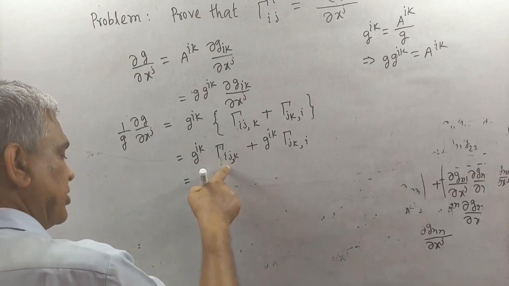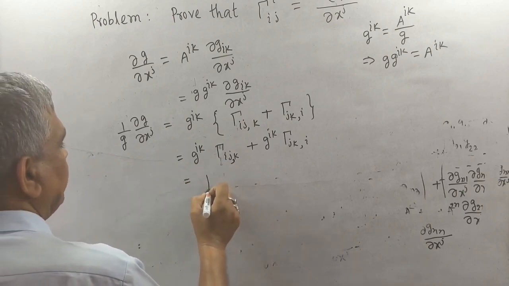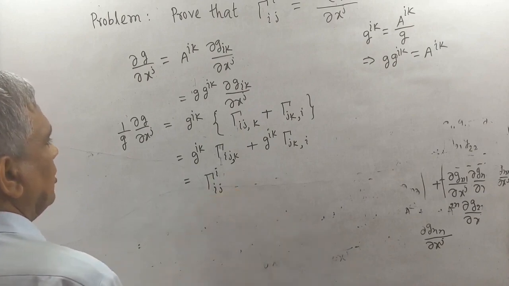So this is the Christoffel symbol of the first kind, hence we may convert it to the Christoffel symbol of the second kind as {i,ij}.